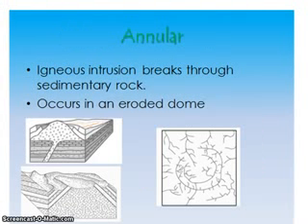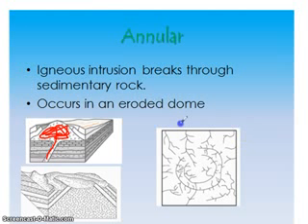The last one is called annular. If we had an igneous intrusion breaking through sedimentary rock, right here, this is your igneous intrusion, if you remember those symbols from our rock unit. So everything I colored in red there is our igneous intrusion. The sedimentary rock is off to the side here. So this sedimentary rock was broken down, your intrusion breaks through, and you're left with these circular shapes on top.